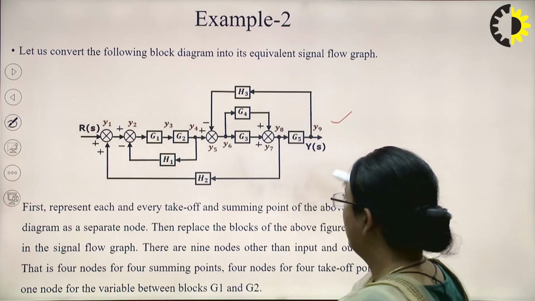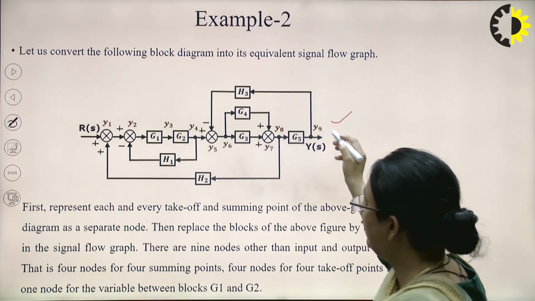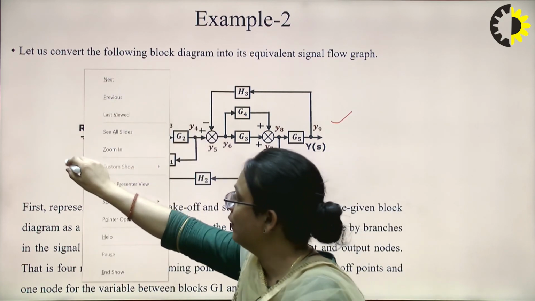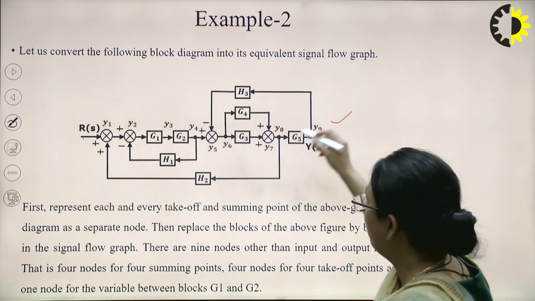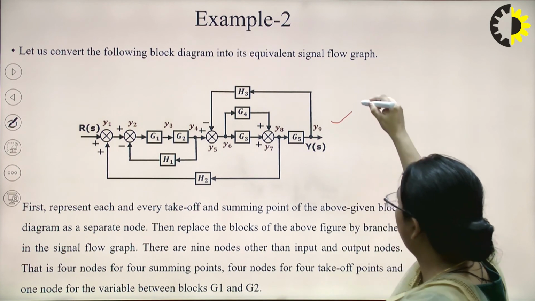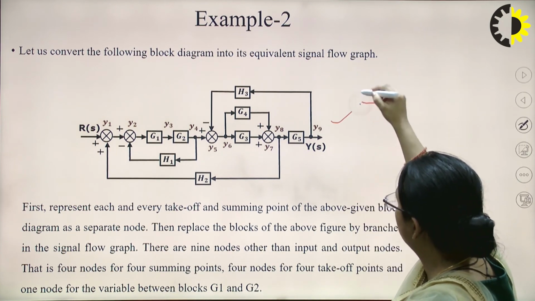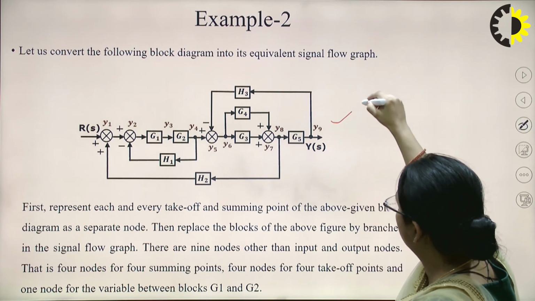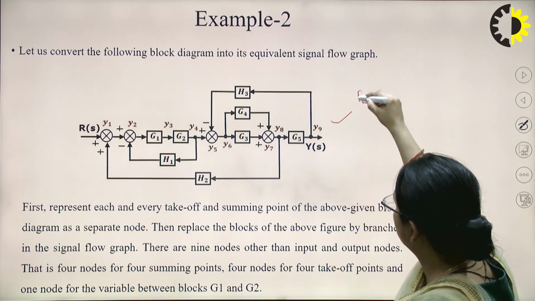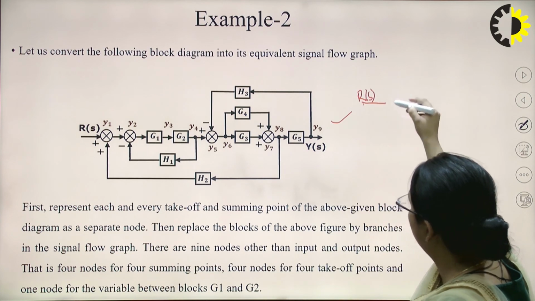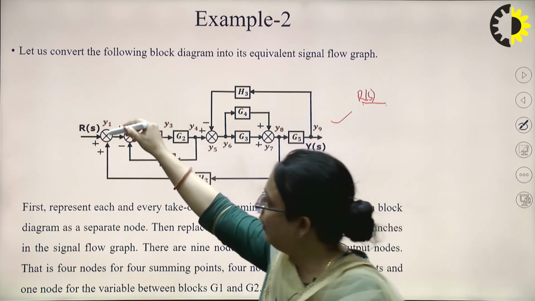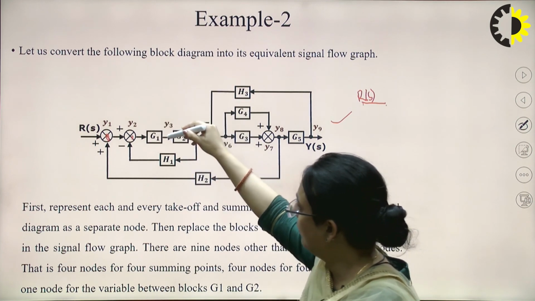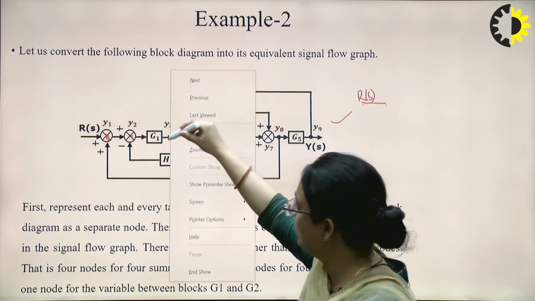So here we can represent the 9 nodes. Take this RS as a separate node. Let's say this is X1, this is RS, a separate node. Then for this summing point, another node Y1, this Y2, then there will be a summing node between G1 and G2.